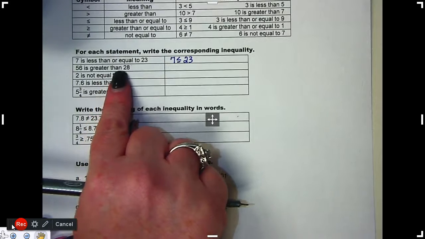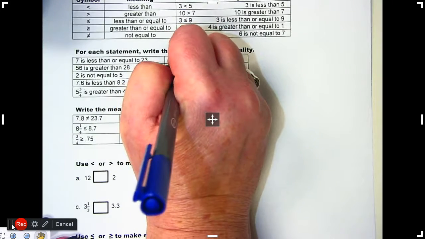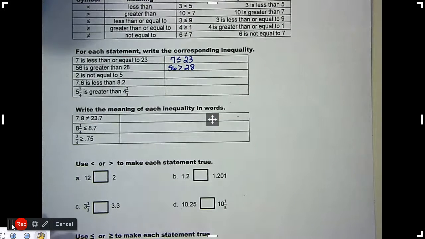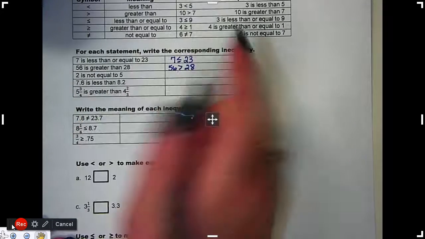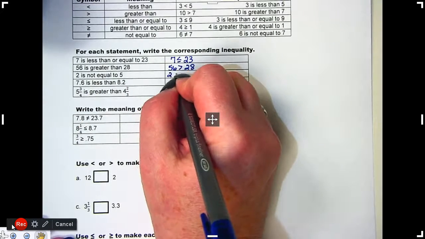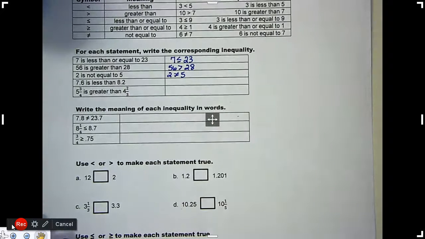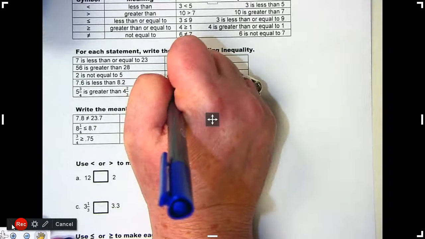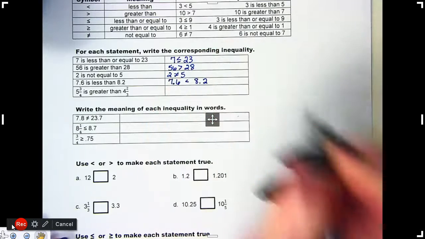56 is greater than 28. That looks like this. 56 is greater than 28. 2 is not equal to 5. 7 6/10 is less than 8 2/10.